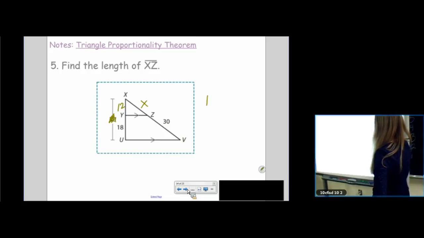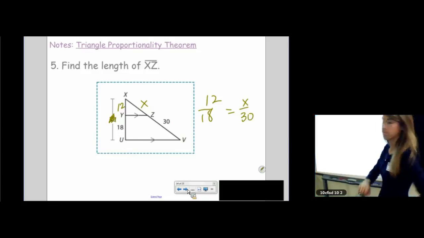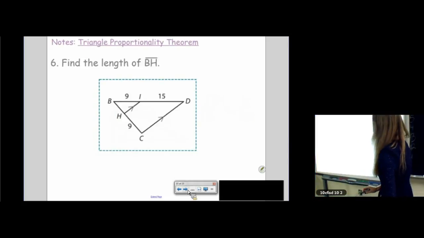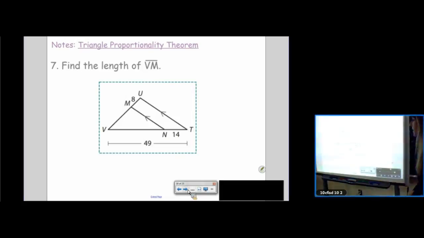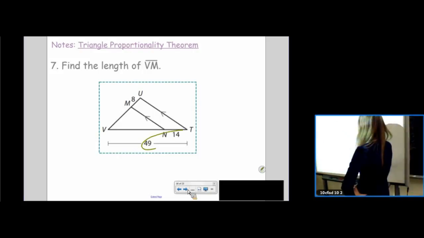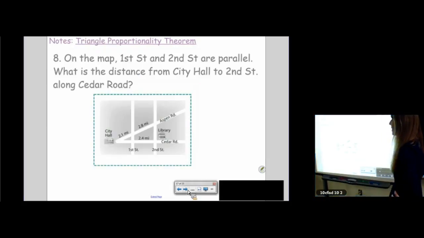So there we go. If we wanted to use this theorem, it would be 12 is to 18 as x is to 30. Same thing here. Subtract these first, and then you can set up your proportion to find that one. We had a lot of examples.